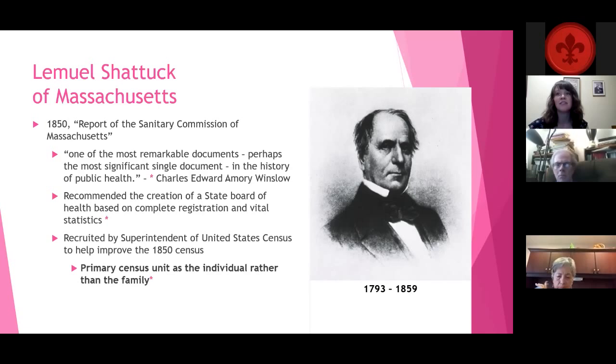Another reason that this man is so important to anyone who loves genealogy is that he was recruited to help with the 1850 census, and he was the person who suggested using the primary census unit as the individual rather than the family. So each person in a household would get their own line with their own name and their own occupation.